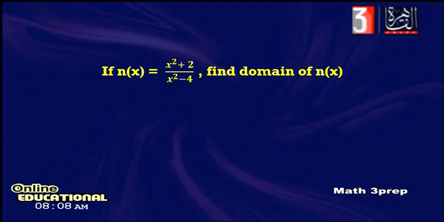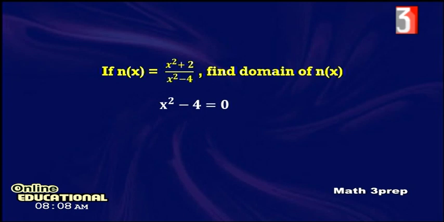The domain means the values of x which never make any problems. And the problem will appear in the denominator. So the domain is the set of all real numbers except the set of zeros of the denominator. So try to find the set of zeros of the denominator, which is x to the power of 2 minus 4 equals 0.